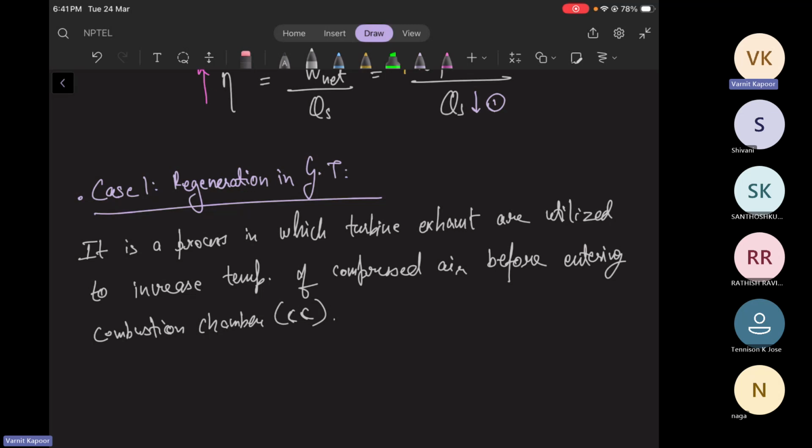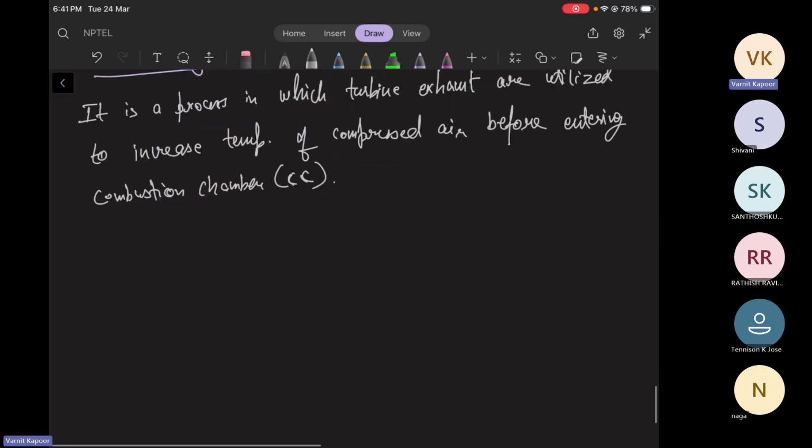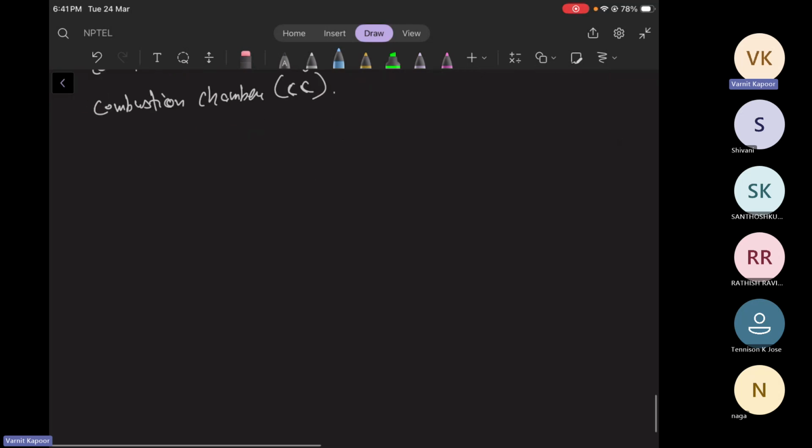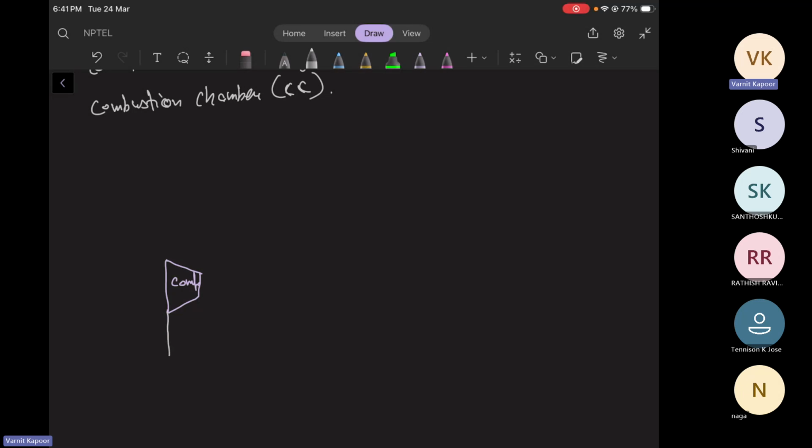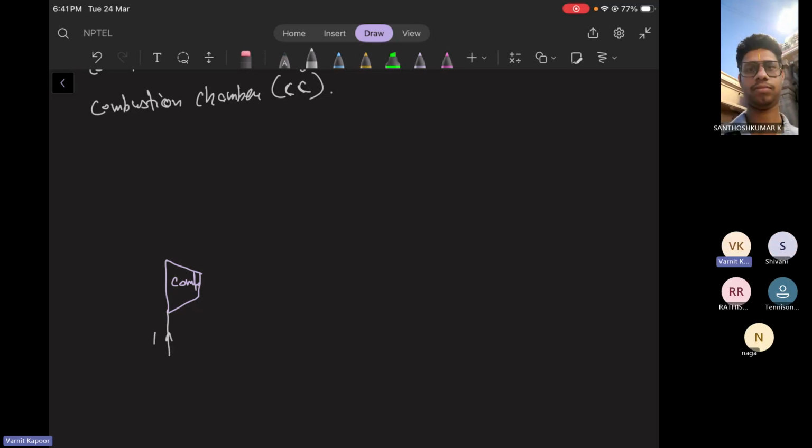All right. What I'm doing basically, I'll make the cycle so that you understand a schematic diagram first. This is the compressor. The air enters here, that is stage one.